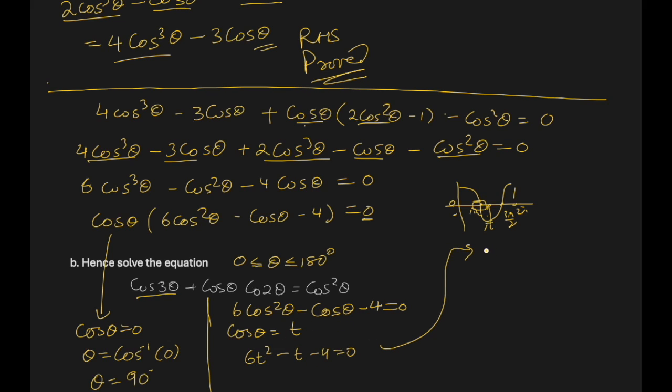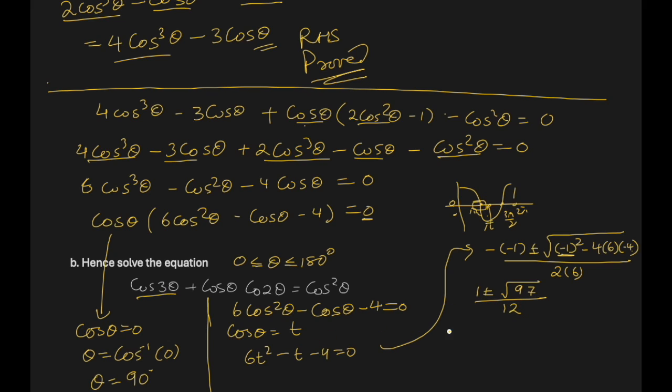So I'll use minus b, which is minus of minus 1, plus minus square root of 1 square minus 4 times a c, over 2 times 6. So it is 1 plus minus, and this will be how much? 16 times 6, 96, plus 1, 97, square root 97 over 12.